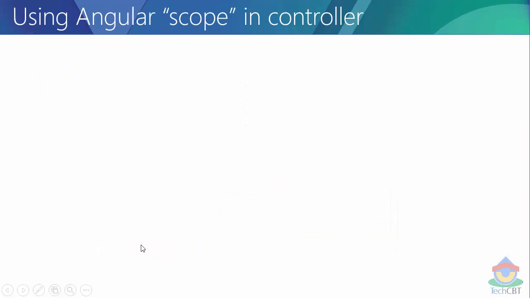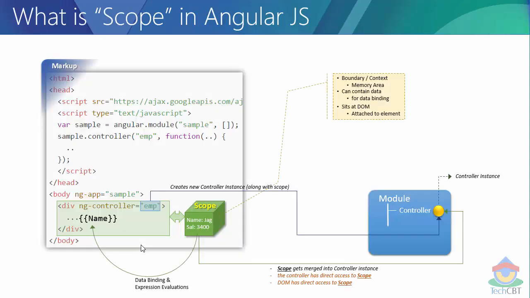Okay, now that we understood something about scope, how do we use our scope inside the controller? In my previous slide, I mentioned scope and controller instance and so on, but I did not really explain how you are going to access the scope inside the controller. I mentioned that you can access it, but I did not mention how the controller can really access scope.